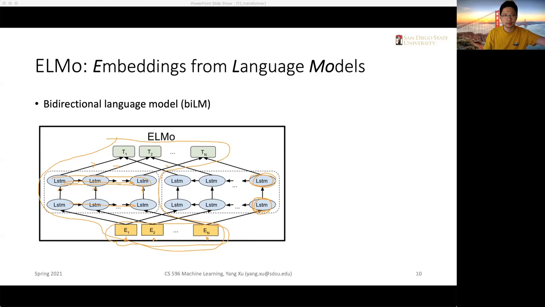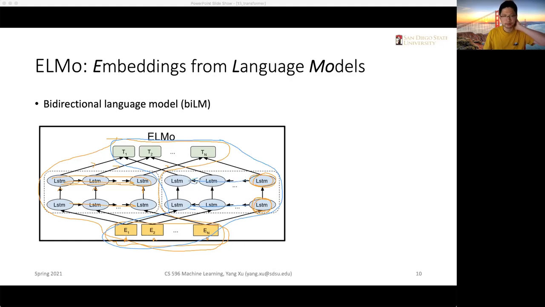And the model also creates a second direction, which is in this way. The blue color is the second direction. It's a little bit different from the bidirectional LSTM, but eventually the part on the right is from modeling the sentence from the right to the left.